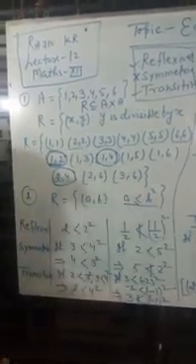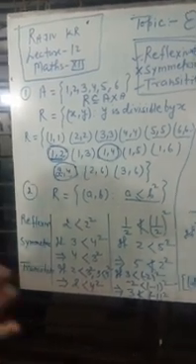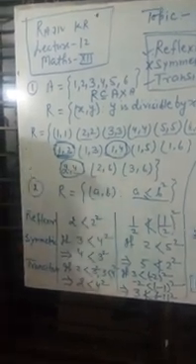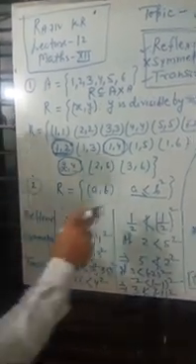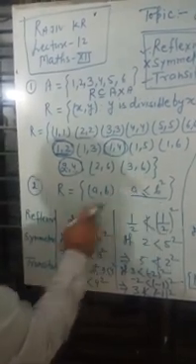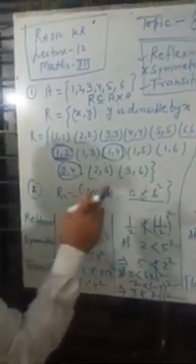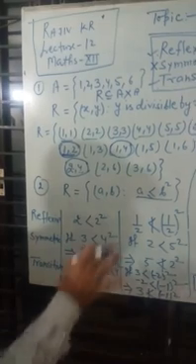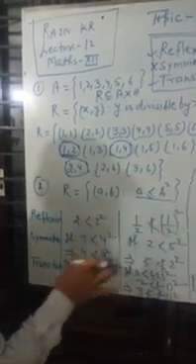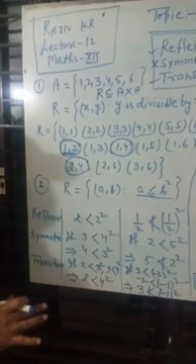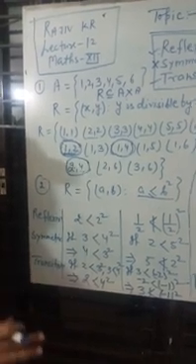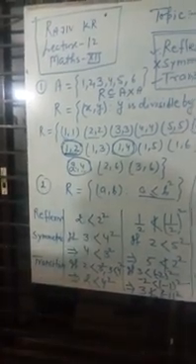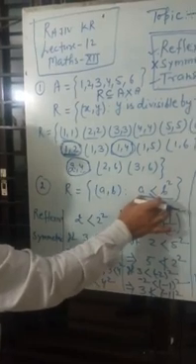In this type of problem, 2 types of questions were asked in previous board examinations. Once it is an equivalence relation, and another time it is not an equivalence relation. In this case, you take some examples to show that it is an equivalence relation, and if you take some other examples, it will not be an equivalence relation.